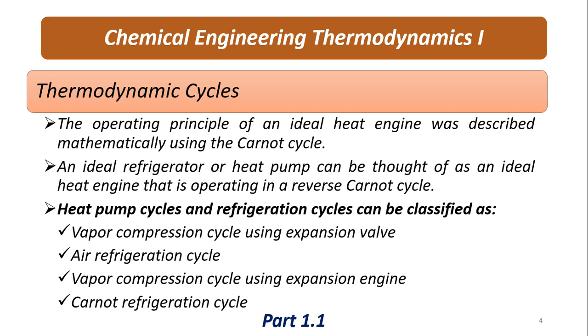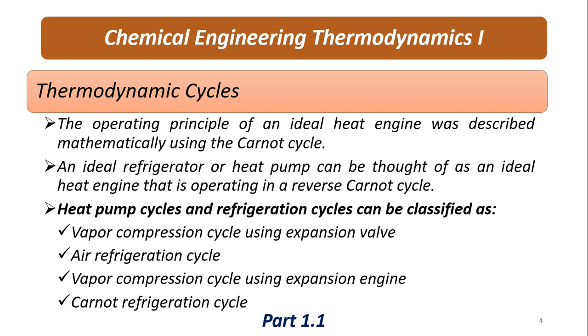Heat pump cycles and refrigeration cycles can both be classified as vapor compression cycle using expansion valve, air refrigeration cycle, vapor compression cycle using expansion engine, as well as Carnot refrigeration cycle.